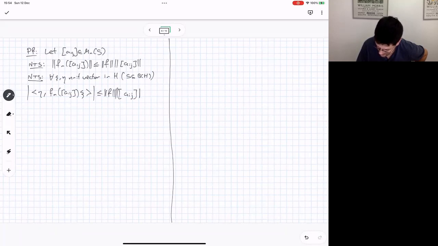This is equivalent. So let psi and eta be such vectors. Let psi be alpha 1 until alpha n, and eta be beta 1 until beta n, in C to the n, unit vectors.